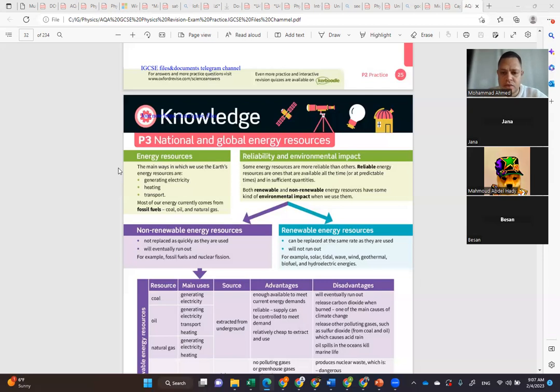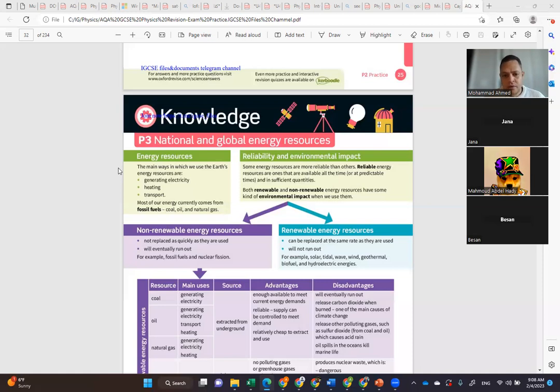Some energy resources are more reliable than others. Reliable energy resources are ones that are available at all times, like the energy coming from the sun, at predictable times and in sufficient quantities. So the reliable energy resources are the resources that are available at all times.